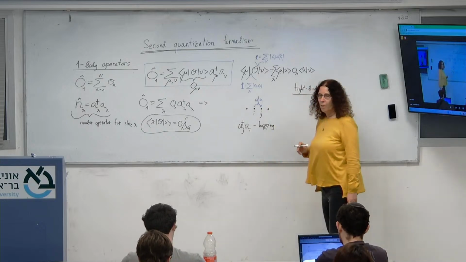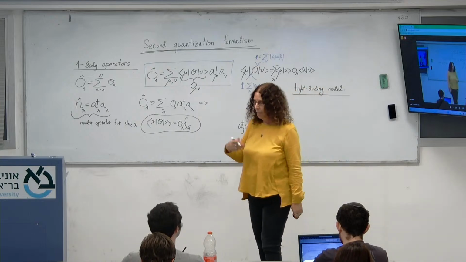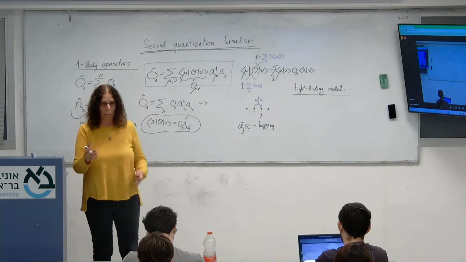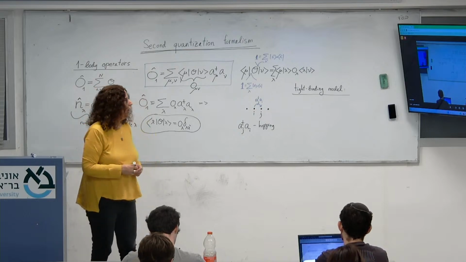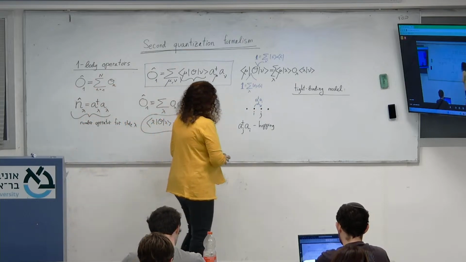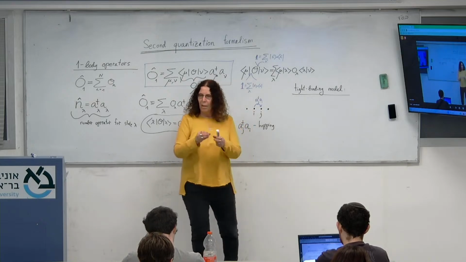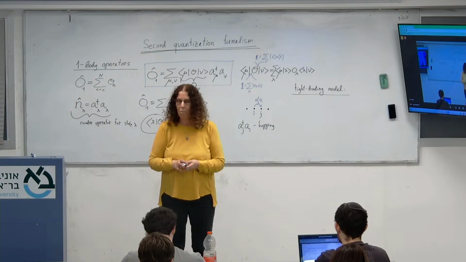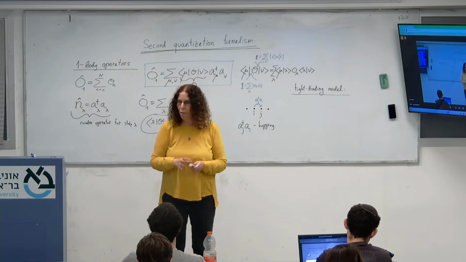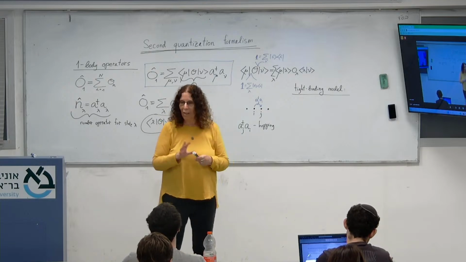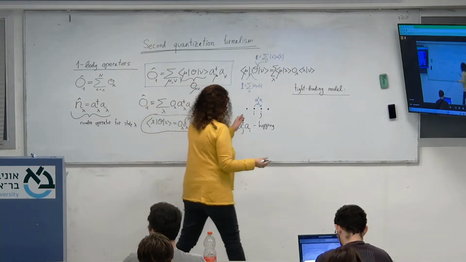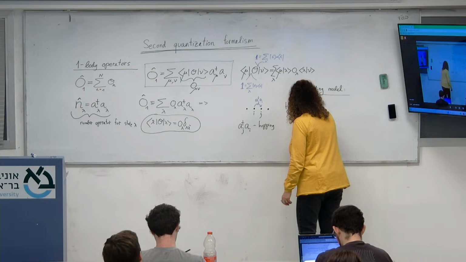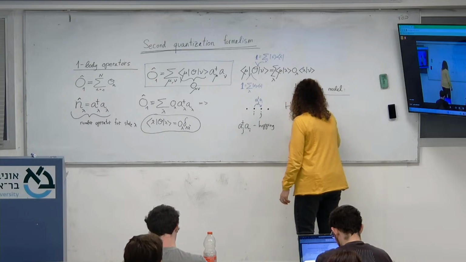You use a basis instead of using momentum states for the electrons. If there are electrons in a crystal, you describe them in the basis of states that are localized on Bravais sites. These are called the Wannier functions. Just reminding the names, you don't have to remember.